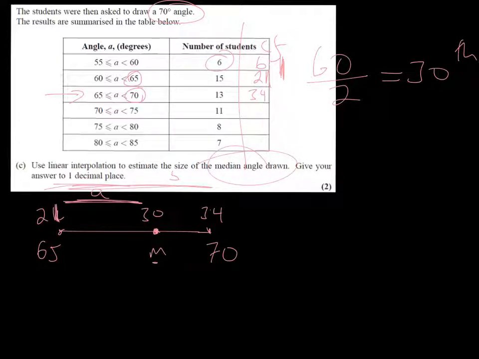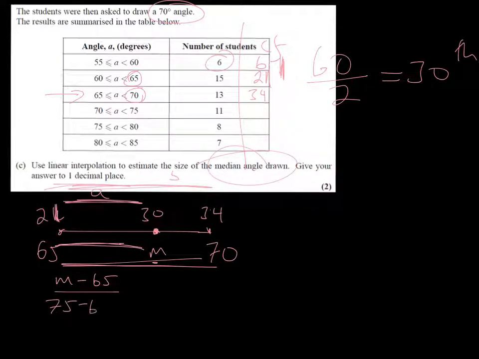So what we're going to do then is this distance here is going to be M minus 65. So this distance as a proportion of the total, which is going to be 70 minus 65, will be the same in proportion as this distance, which is going to be 30 minus 21 over the total distance here, which is going to be 34 minus 21.